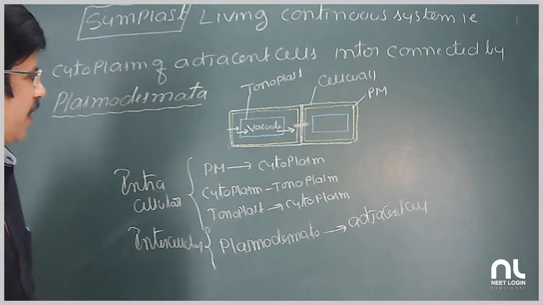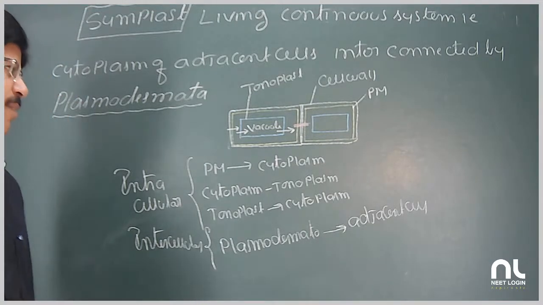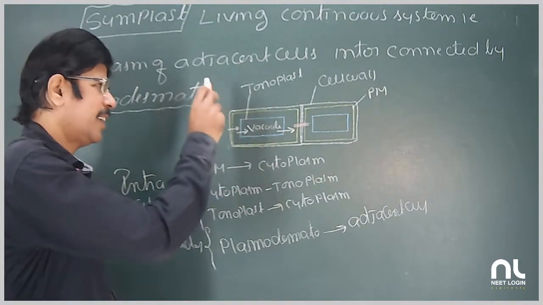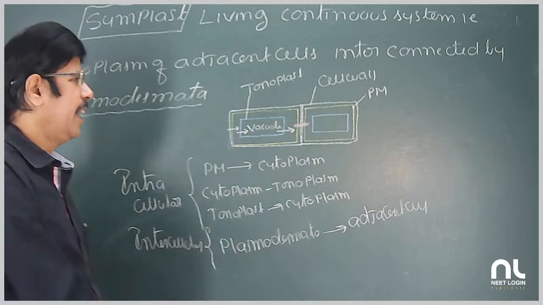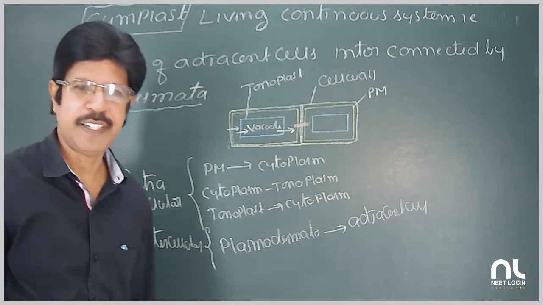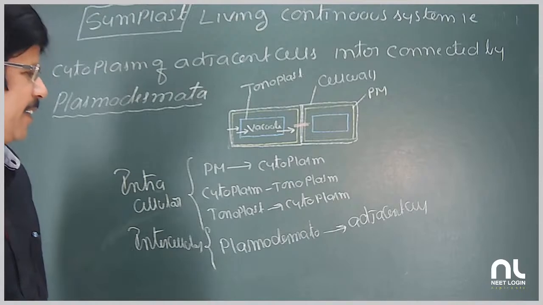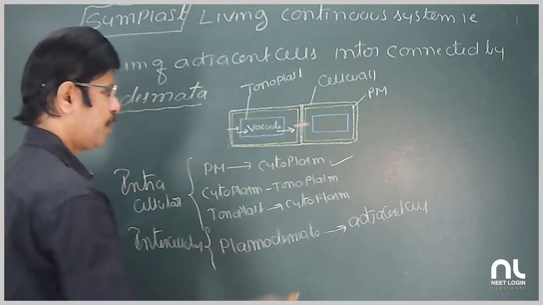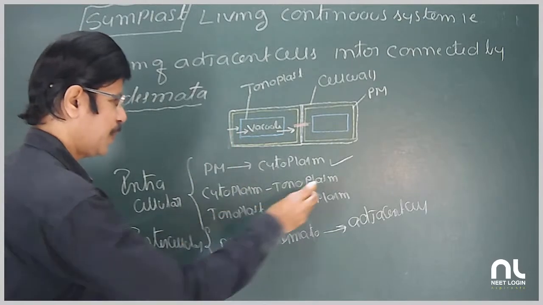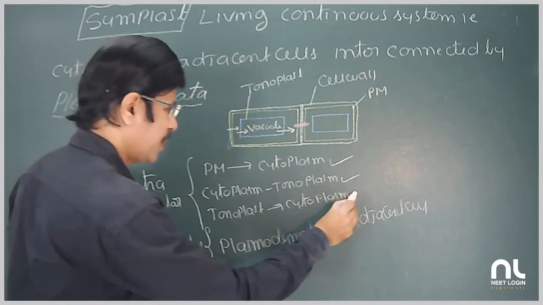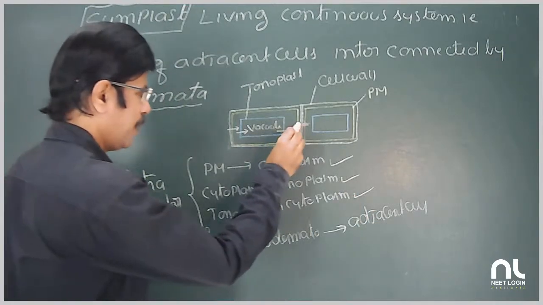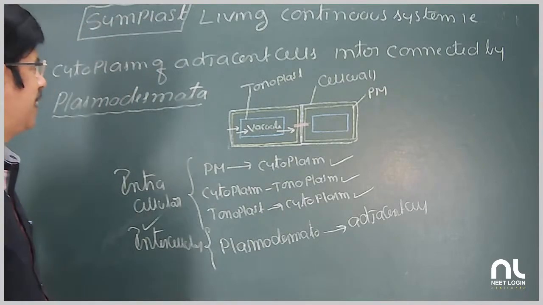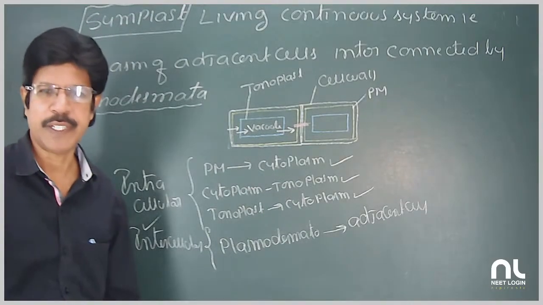So vacuolar pathway, membrane pathway, what is it? Tonoplast, cytoplasm, and that pathway is the symplastic pathway. Intracellular, intercellular. Intracellular is plasma membrane to cytoplasm, cytoplasm to tonoplast, tonoplast to cytoplasm. Through plasmodesmata to the other cell is intercellular. All of it is symplastic movement.